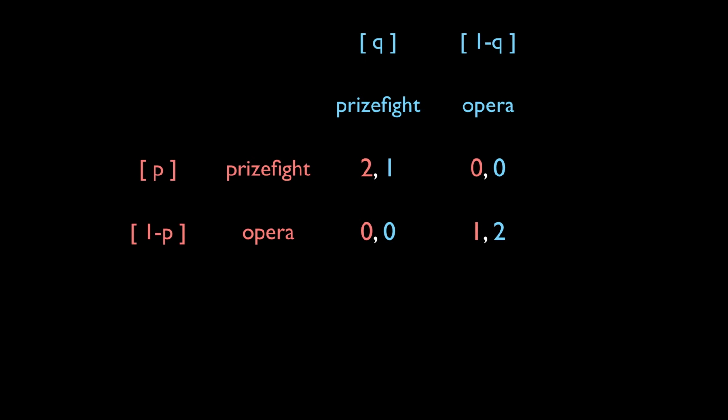That's person 1's best response. Say this is person 1's expected utility from doing the prize fight, and person 1's from doing the opera.